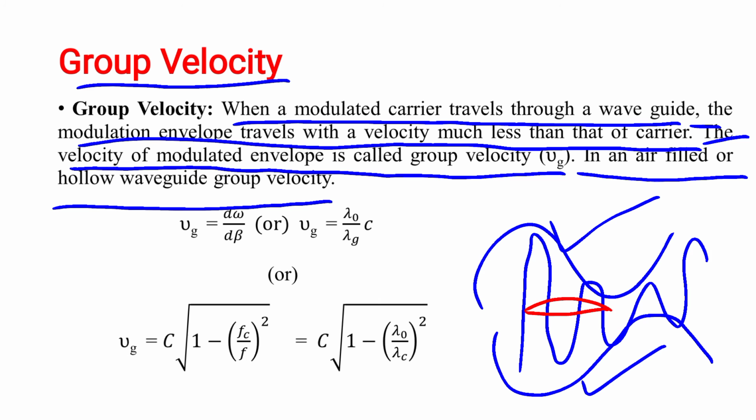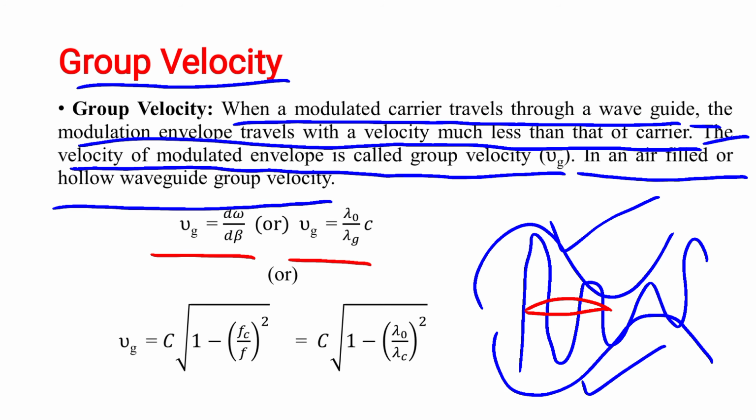Here the speed of the envelope is nothing but group velocity, that is Vg. Vg is group velocity, equal to d omega by d beta, or in terms of cutoff frequency and guided wavelength, Vg is equal to lambda naught by lambda g into c. And this is about the formulas for finding the group velocity of a waveguide.